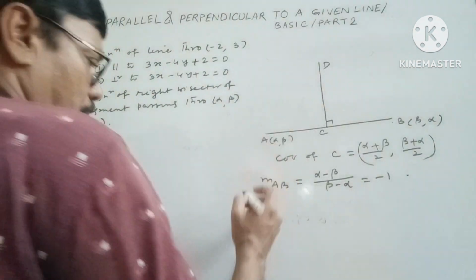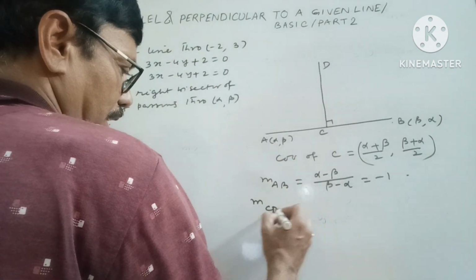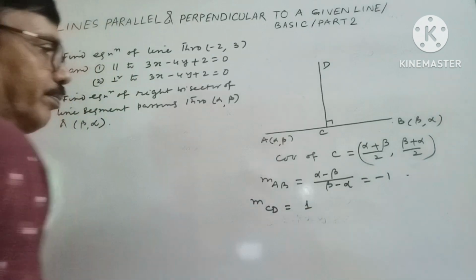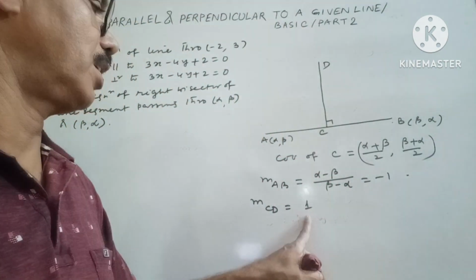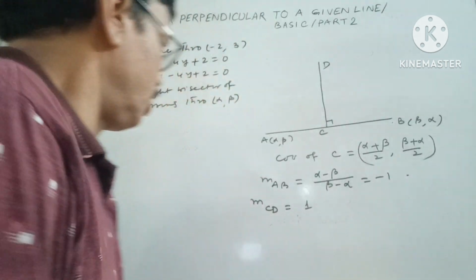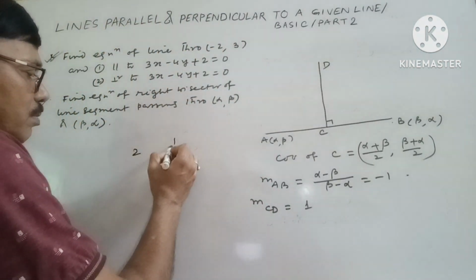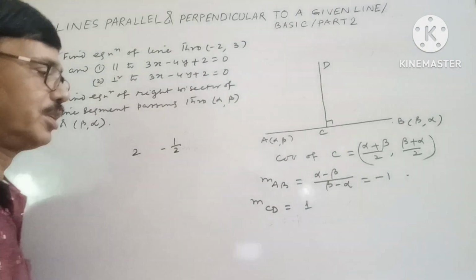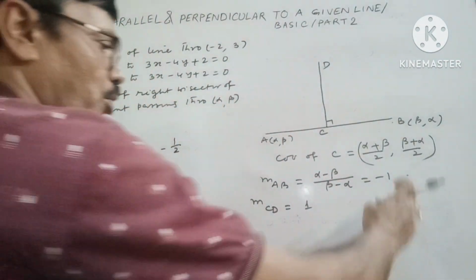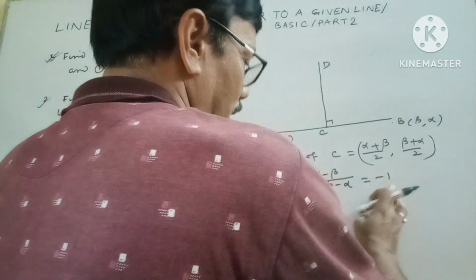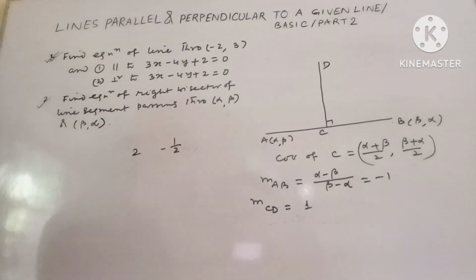Now the slope of the perpendicular line, MCD, will be 1. How is it obtained? Because the product of them is -1. So if it is 2, then it is -1/2. So take the reciprocal of it and change the sign. So the reciprocal of -1 is -1, then change the sign.